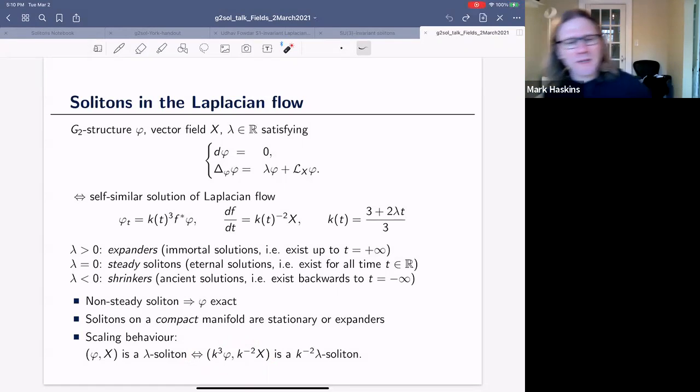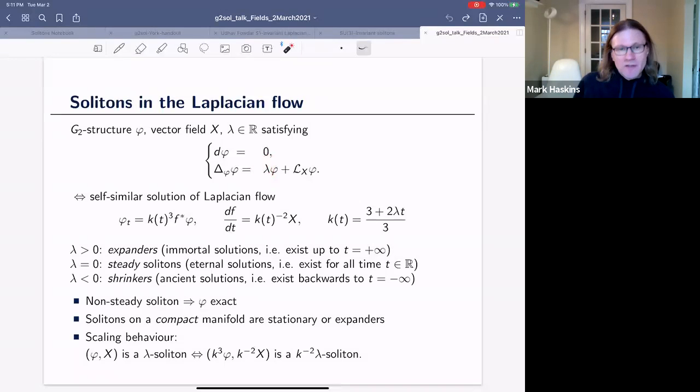This is important later on, mainly as a difference between the steady case and the other cases, namely that rescaling a steady soliton gives me back another steady soliton, but otherwise changes the value of the parameter.